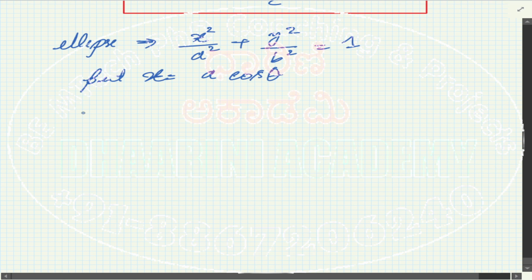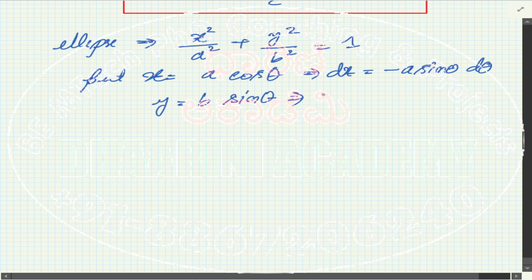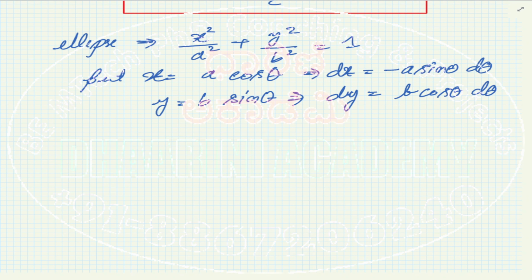So dx is equal to minus a sine theta d theta. And we put y is b times sine theta, so dy is equal to b cos theta d theta.